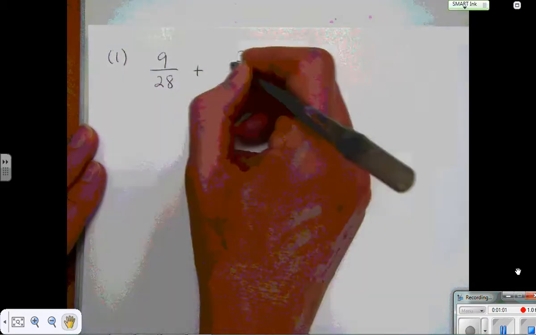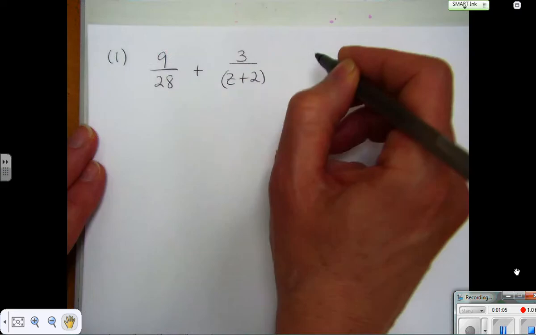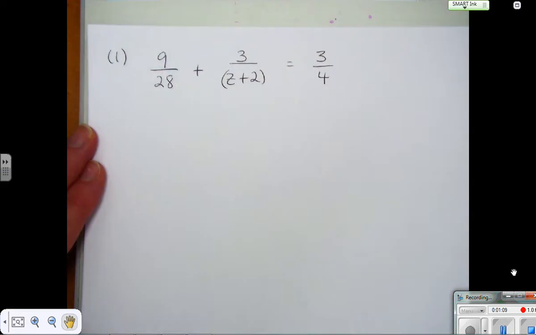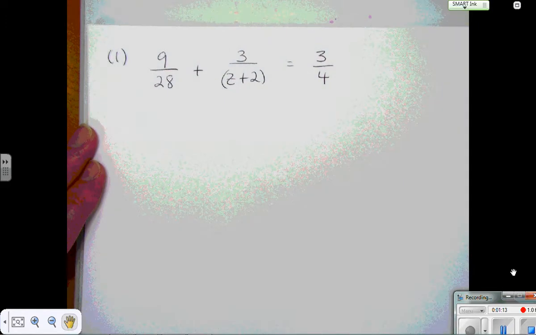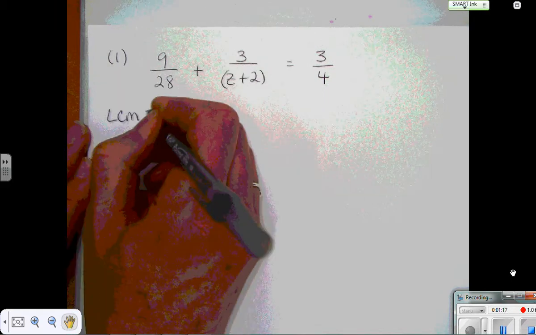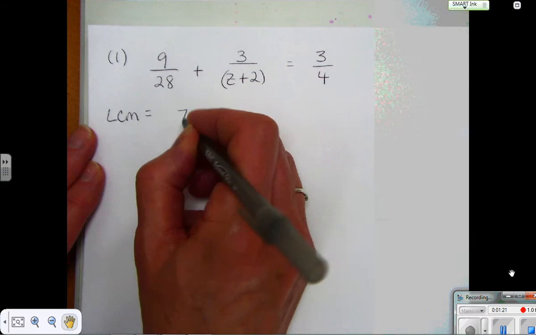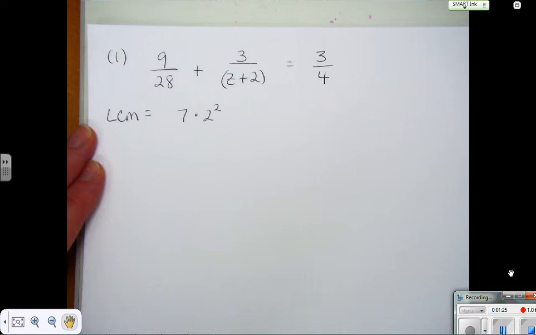So what I'm going to do is find the common denominator, the LCM, least common multiple, and multiply through by that least common multiple to get rid of all the denominators, okay? So for this one, my first number, 28, is 7 times 4, which I'm going to write as 2 squared so we can see all the prime factors.